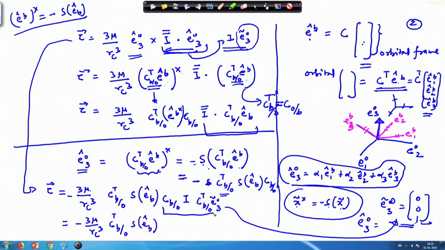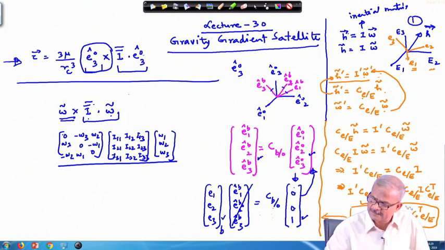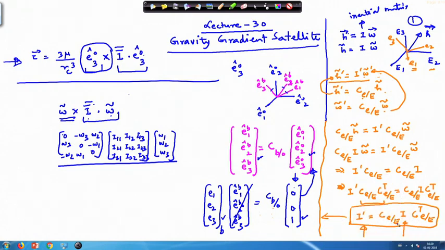Now, this part, what is this quantity? C B slash O I and C transpose B slash O. So, we need to go back here in this place and compare with this. C is, okay, you can check it.